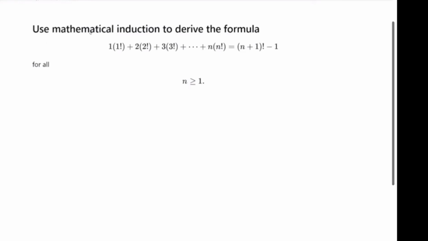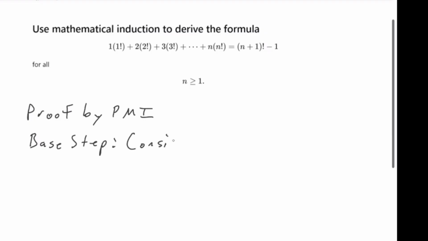All right, so we're going to use mathematical induction to derive this formula here for all n bigger than or equal to 1. So, proof by PMI. We're going to do our base step. We're going to consider P of 1.